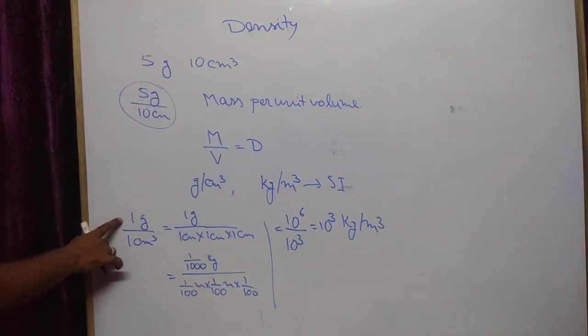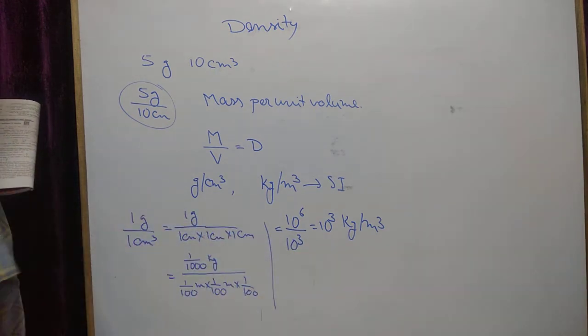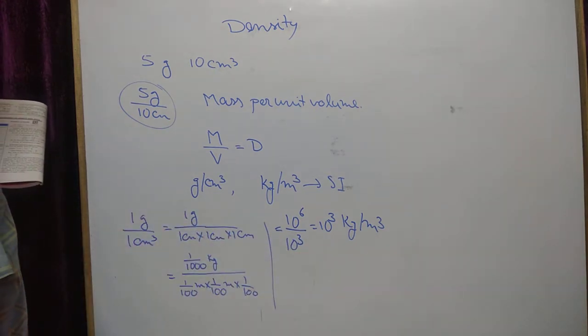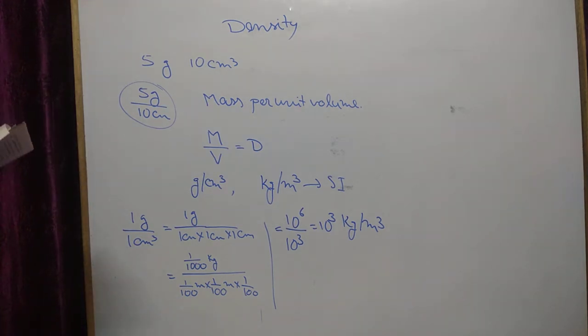What does it mean? 1 gram per centimeter cube equals 10 to the power 3 kilogram per meter cube. So hope the density concept is clear to you.